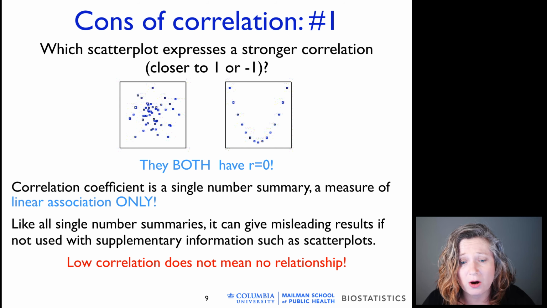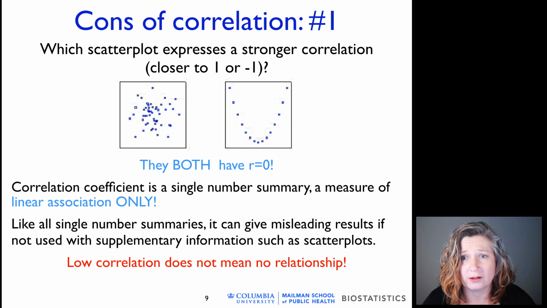As we can see on the second figure, there is a strong association between x and y, but the association is not linear. So correlation close to 0 only says there is no linear association between x and y.